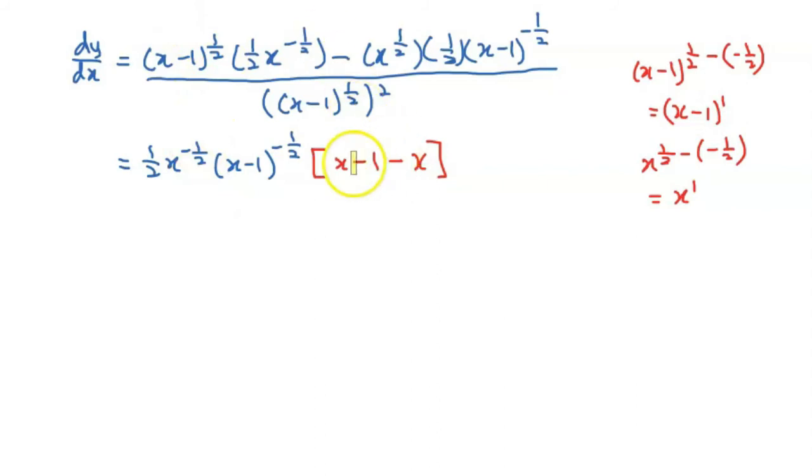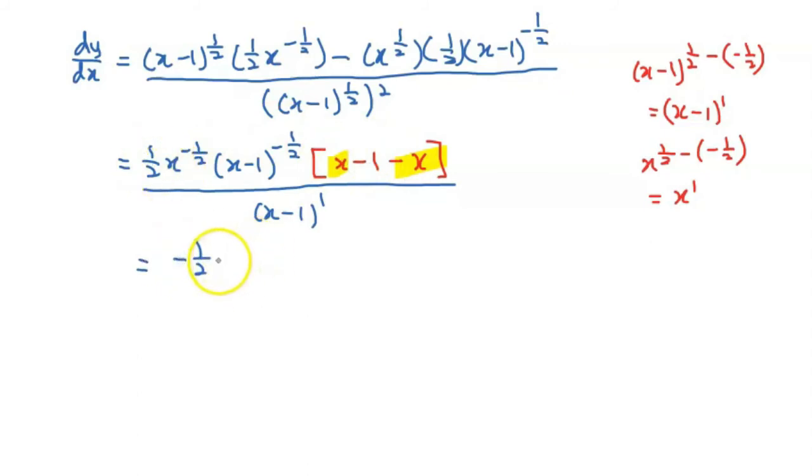Then, we simplify. x minus x equals negative 1. Over the denominator, x minus 1 to the power of half times 2 will equal power of 1. So, negative 1 times 1 over 2 gives us the answer negative 1 over 2.